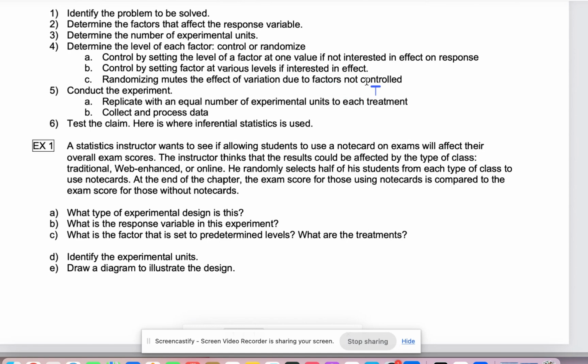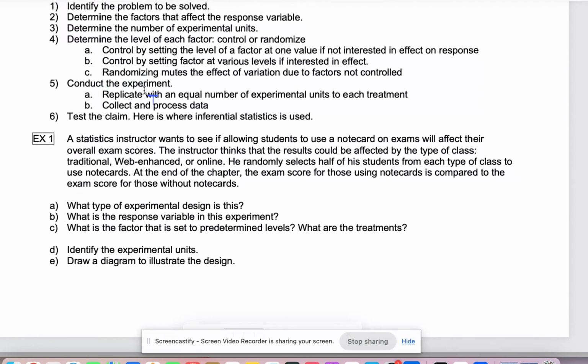So for instance, going back to blood pressure being a response variable, if I'm interested in how the factor of gender affects that response variable, then perhaps I do some sort of blocking where I divide genders first and then assign to the levels. If you don't want to control, then we randomize.